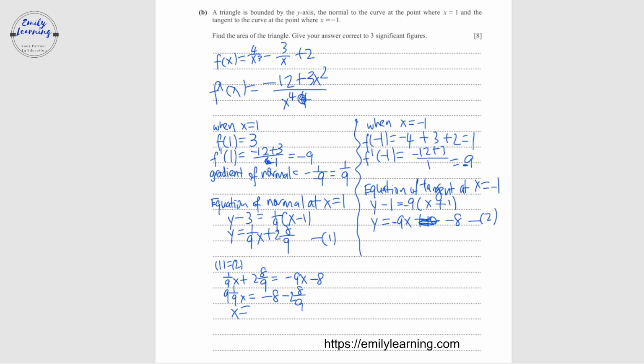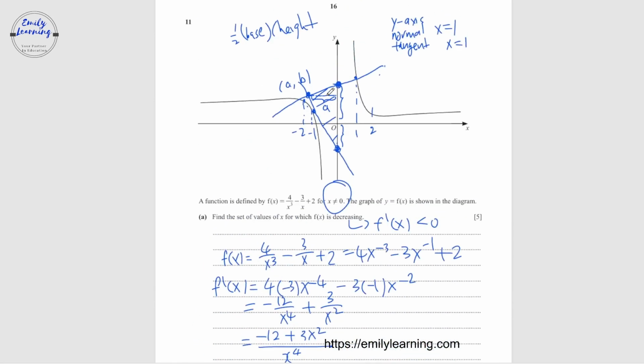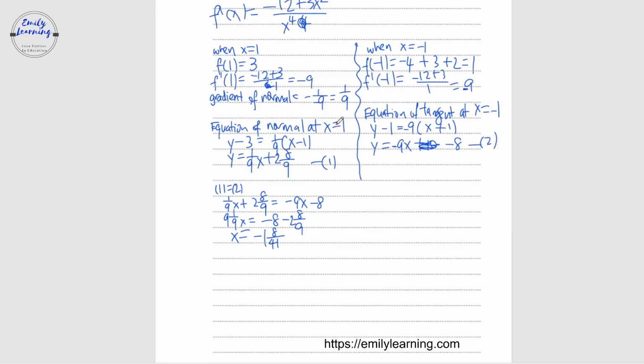So I'll just type it into the calculator. So it's basically negative 1 and 8 over 41. I'm not interested in the y value because I only need the x coordinate of the point of intersection to find the height. Okay, so I can stop here.